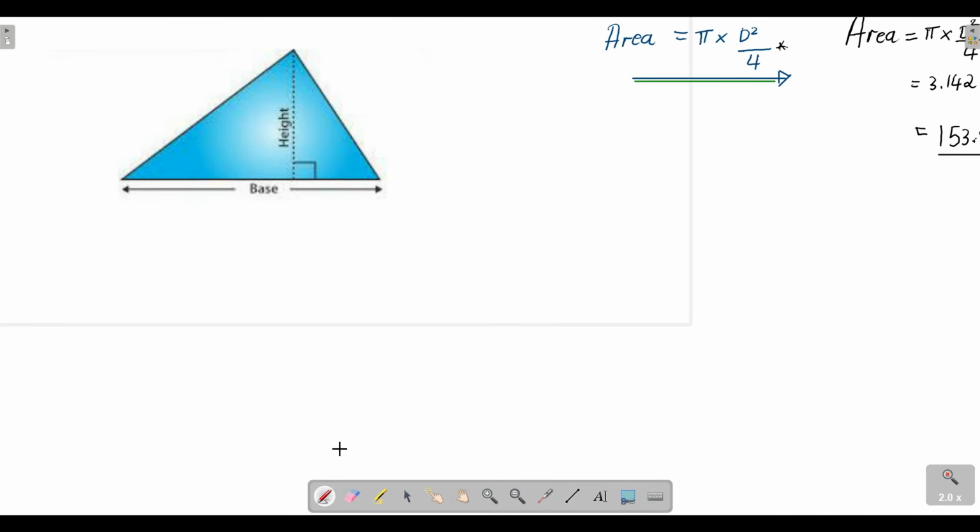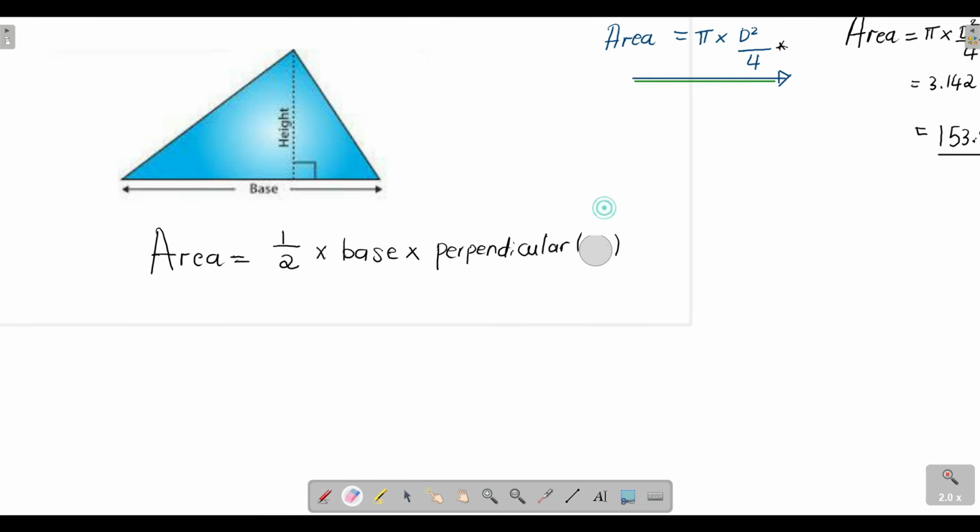So to calculate the area of a triangle, if you're given the base of that triangle and you're also given the perpendicular height of that triangle, area of a triangle is equal to half multiplied by the base multiplied by the perpendicular height, which most teachers use a symbol to indicate perpendicular.